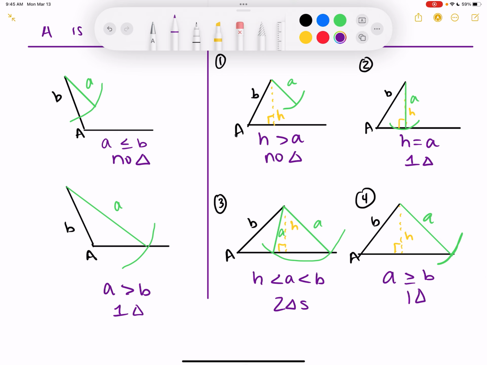Now a note that I'm going to make here is, for side lengths and angles, round to the nearest whole number.